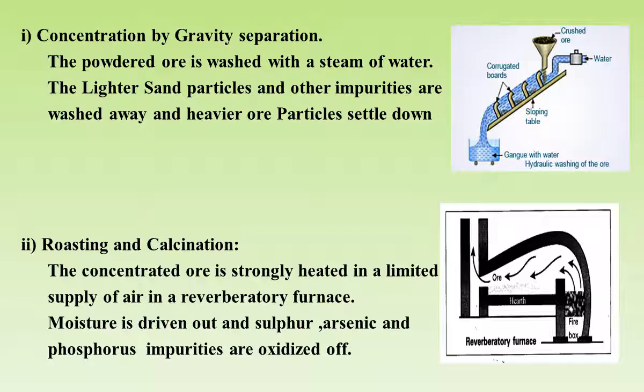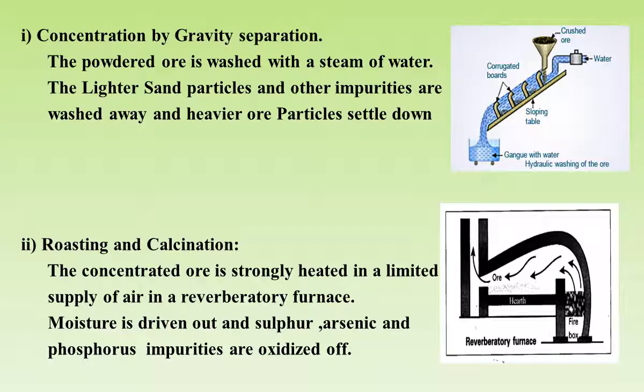Sulfur, arsenic and phosphorus impurities are oxidized. So by these two processes, we remove the impurities and also get the concentration of the ore.